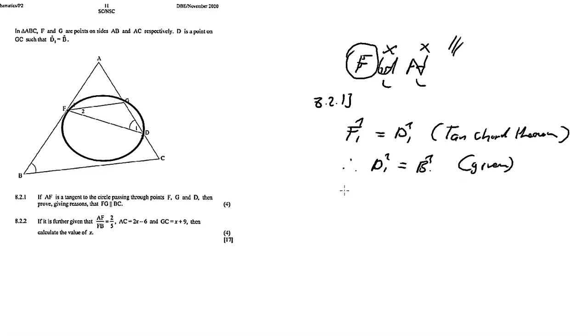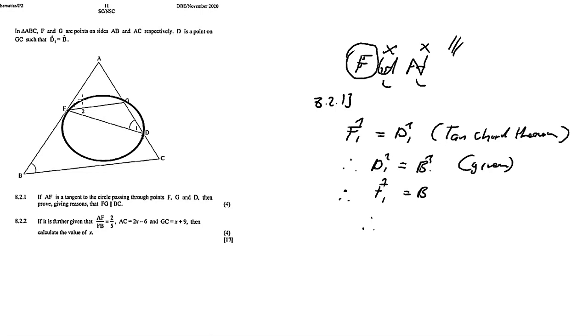The reasoning and logic we formulated here was to show that F1 equals B. So F1 is actually equal to B, because of this relationship between D1 and B. So it means F1 and B are equal.